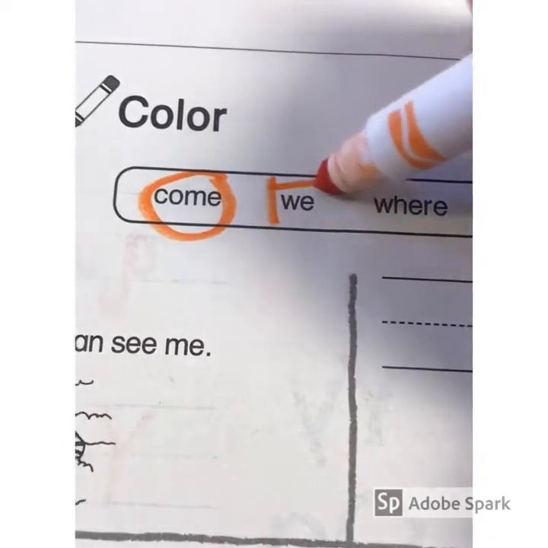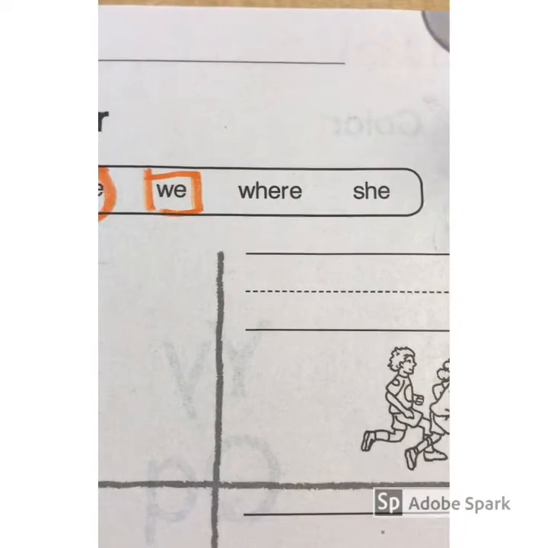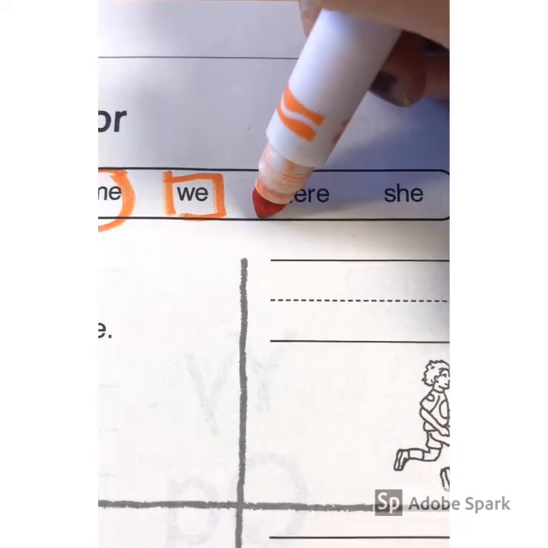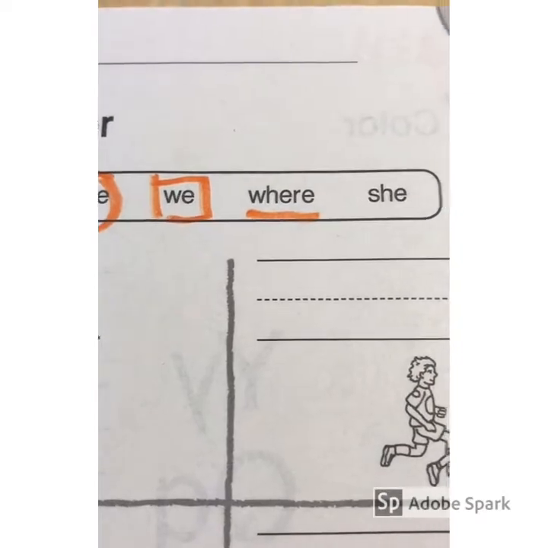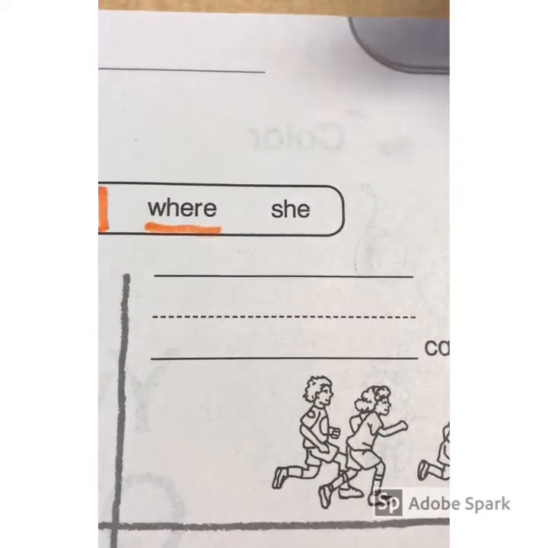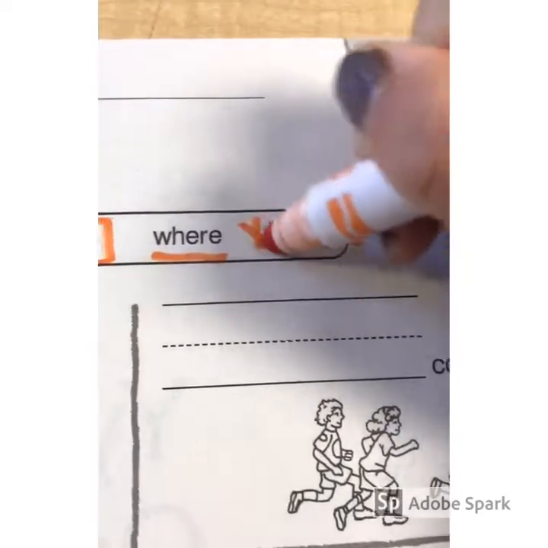That word is we. Put a box around the word we. This one's kind of trickier. Do you know that word? It says where. Underline the word where. And the last one has an SH digraph. She. Put some stars by the word she.